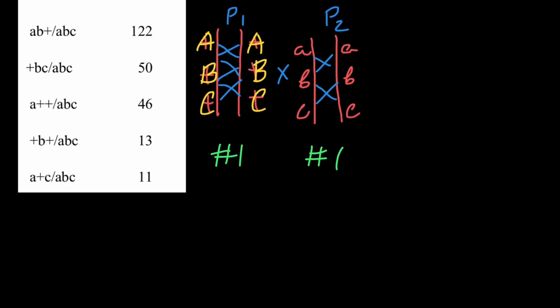Now take a look. As a result of crossing these two parents, each parent would produce gametes with only one chromosome: either this chromosome, this chromosome, or a recombinant of the two. But because the parents are homozygous at all three loci, even recombinants are identical to the original chromosomes.